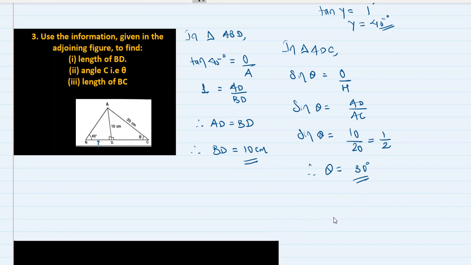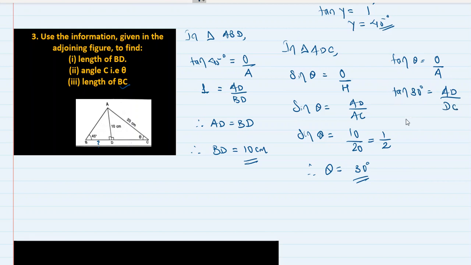Theta is 30 degree. Now since we have found theta, we can easily find CD. Why do we need to find CD? Because they are asking about the length of BC. So in triangle ADC again, tan theta is equal to opposite upon adjacent. That is tan 30 degree is equal to opposite, which is AD, upon adjacent, which is DC.